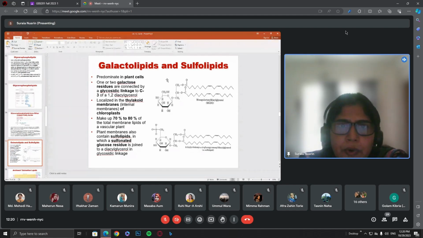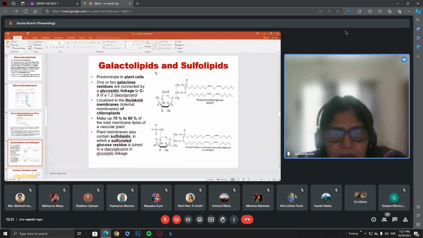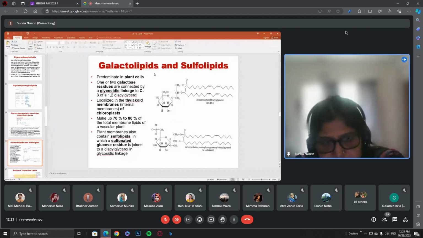Okay, so next group of membrane lipid, they are called galactolipids and sulfolipids. From the name you can say that they are glycerol lipids, but here these kinds of lipids don't have any phosphate group, and the polar head groups are sugars or sugar derivatives.